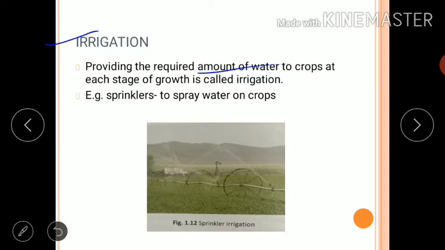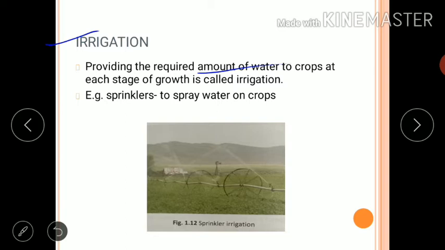Sudden storms, floods, hailstorms can also damage the crops. Waterlogging in the field leads to the decay of most plants because the roots do not get air. Drought and rainfall deficiency can lead to large crop damage.